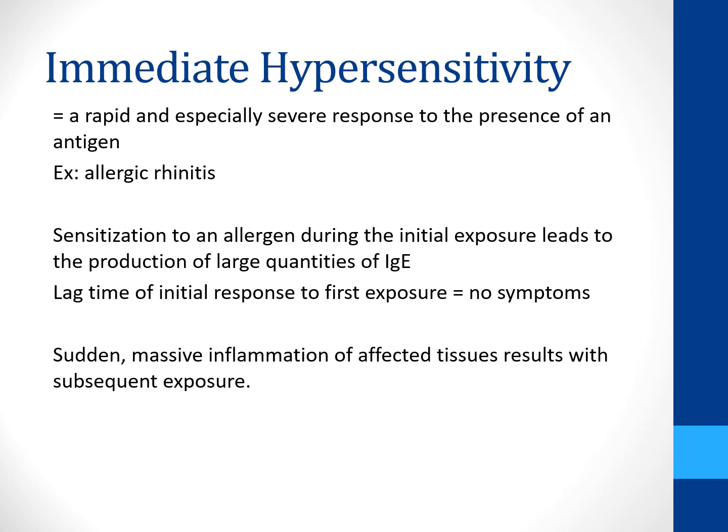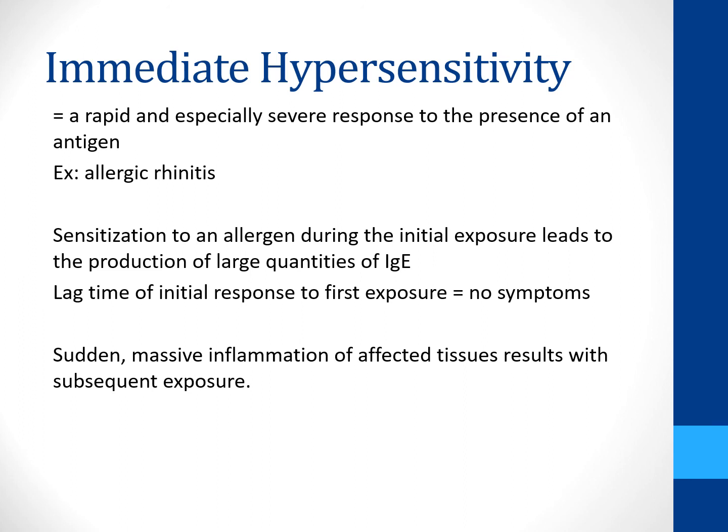It's a rapid and severe response to the presence of an antigen. So hay fever or allergic rhinitis is an immediate hypersensitivity. So if you are sensitive to, say, goldenrod, when the goldenrod comes out, your body is going to have a severe response to the presence of that antigen in your system.